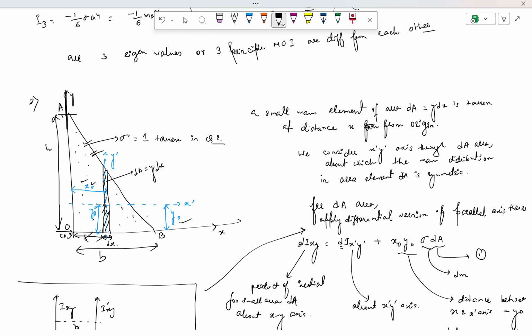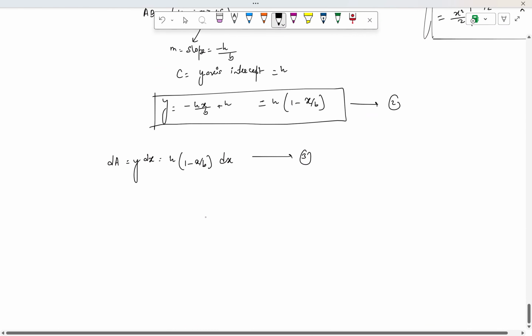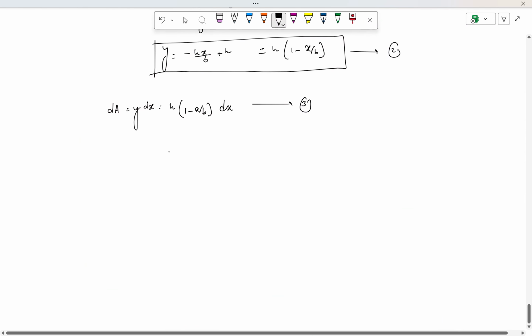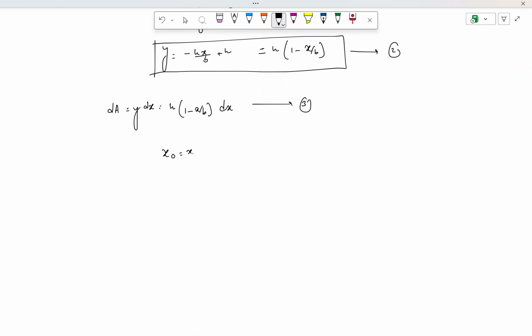Similarly, this distance between the x prime and x axis is y naught. That is half of this full thing, that is basically your y, because this area element has a vertical distance of y, as we have already taken note of. And so y naught is exactly sitting halfway to the total distance of y, so y naught equal to y by 2. So x naught is equal to x and y naught equal to y by 2. This is equation number 4.